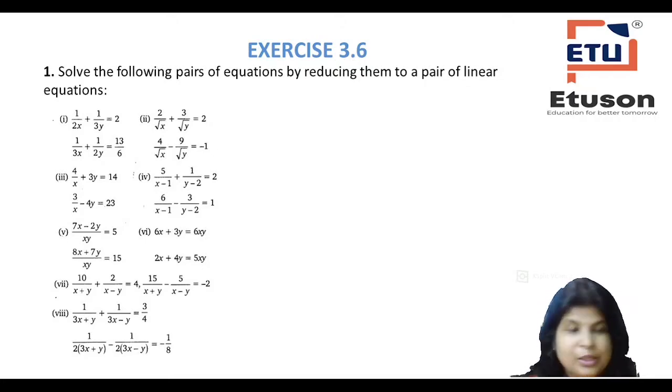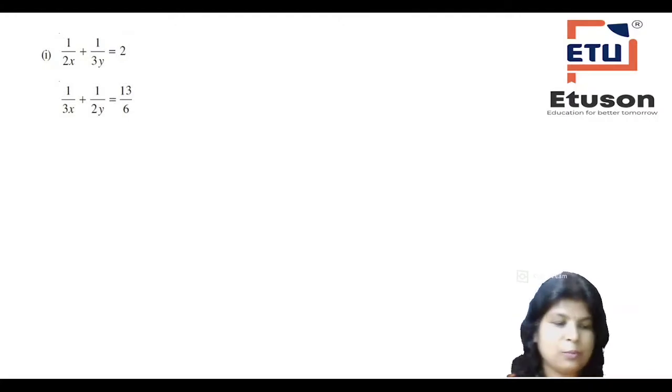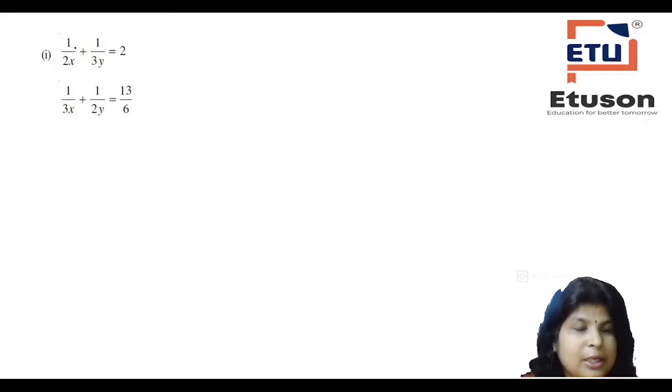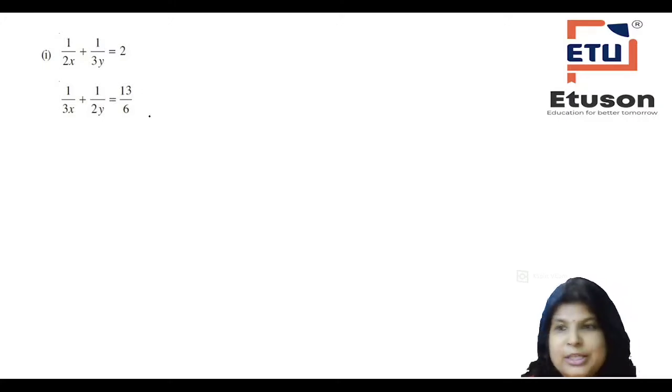Okay, children. So first I have taken bit 1 of your exercise 3.6. As you can see, what is your pair of linear equations here? You have 1 by 2x plus 1 by 3y is equal to 2, and 1 by 3x plus 1 by 2y is equal to 13 by 6. Now, this pair of linear equations is not in standard form. What is your standard form now?